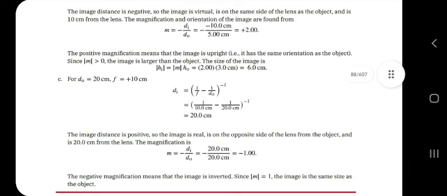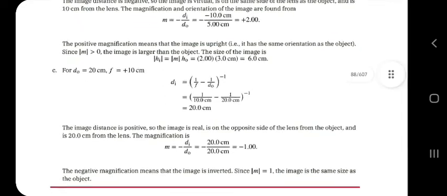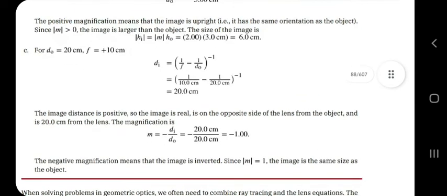For object distance equals 20 centimeters, and the focal length is positive 10 centimeters, the process is the same, only the values are different. The focal length is 10 cm and the object distance is 20 cm.